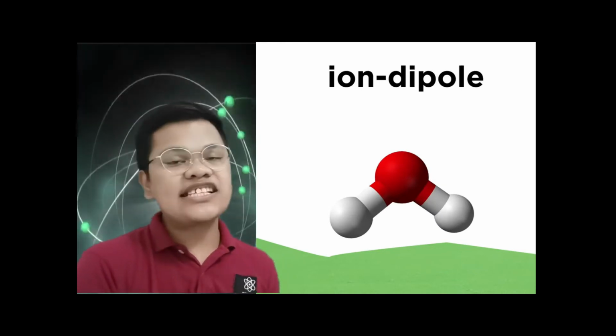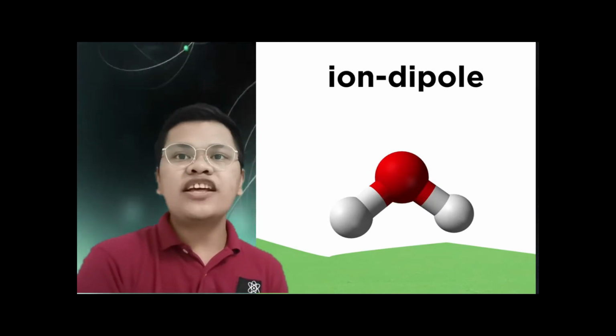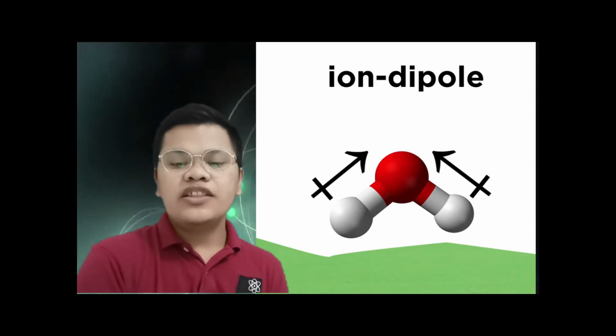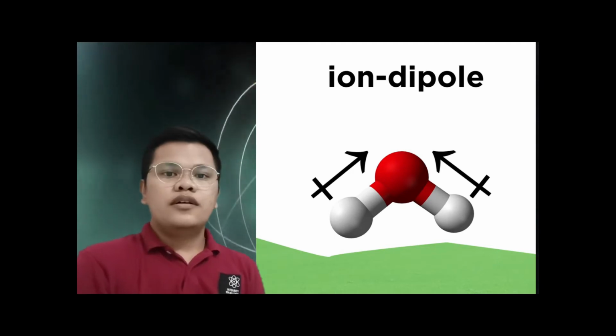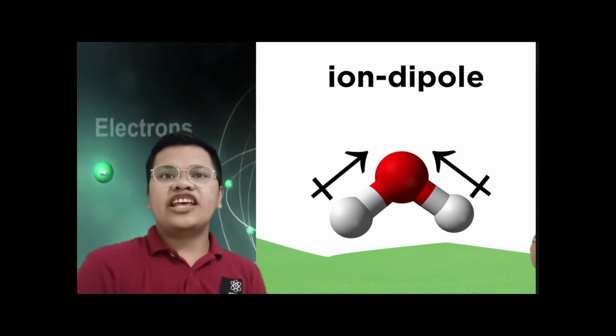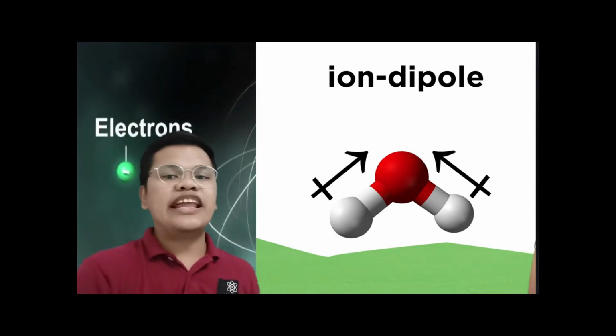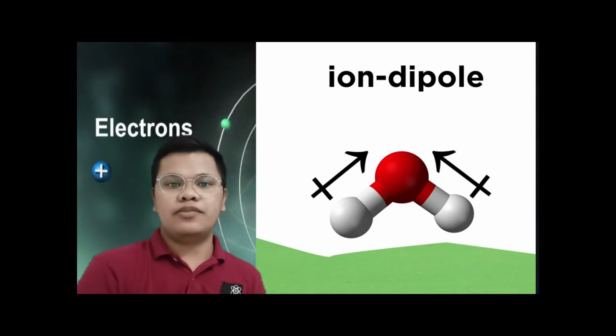But first, let us understand what a dipole is. The covalent bond of water molecules is polar. Oxygen is more electronegative than hydrogen, and it will pull the electrons in the bonds toward itself.